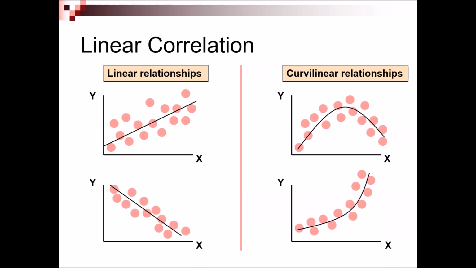When we look at linear correlation, this is what it really looks like. We have a positive correlation right here, and a negative correlation right here. As X increases, Y decreases, or as X increases, Y increases. And then here, this is where we can apply things like Y equals X squared, logarithmic.